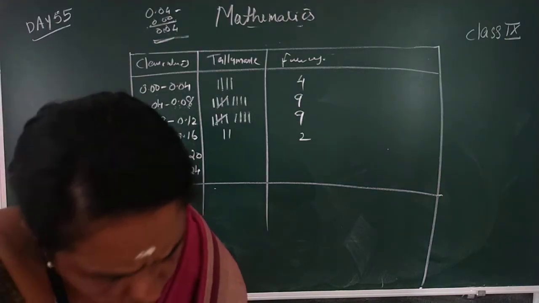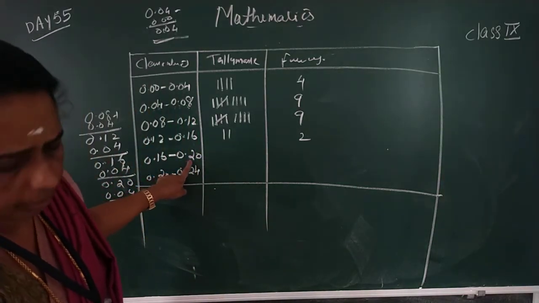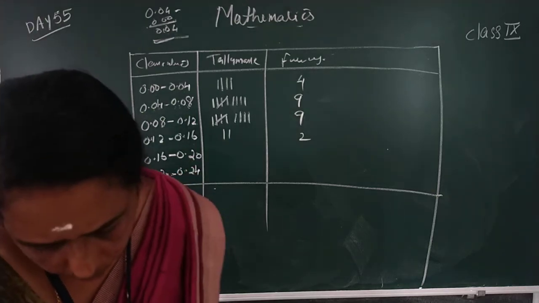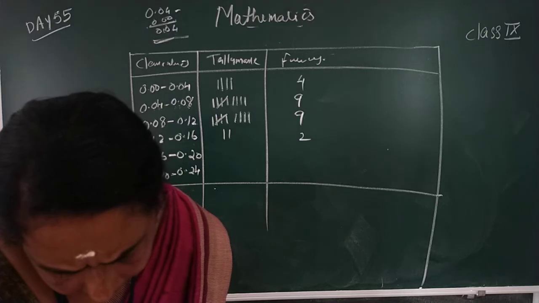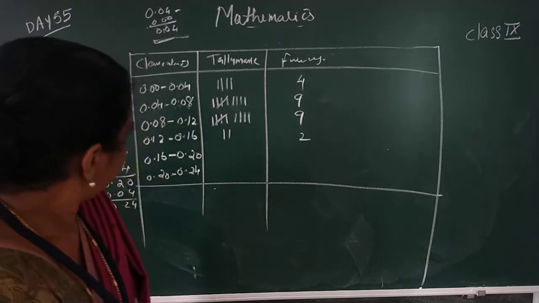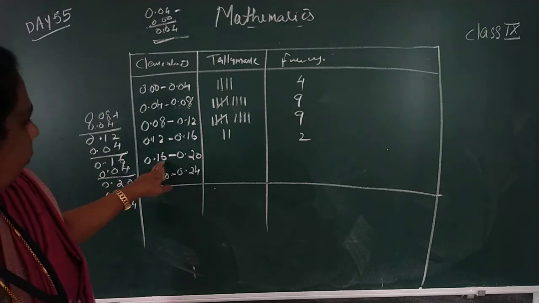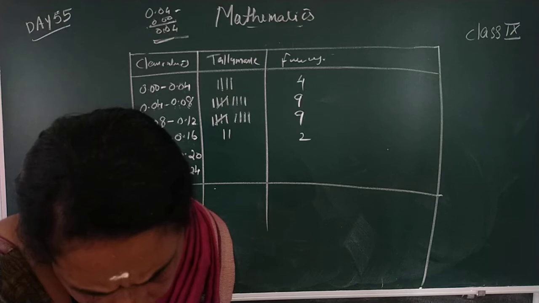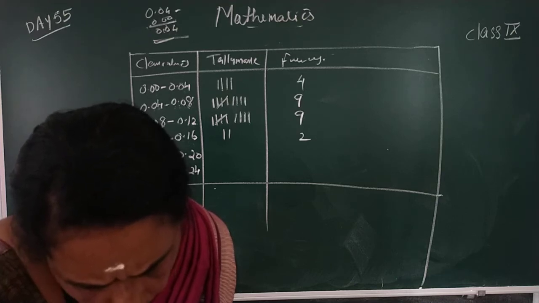Then 0.16 to 0.19, not 20. How many? Only 4. 0.16 is there.